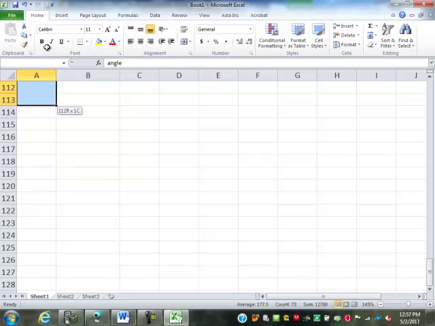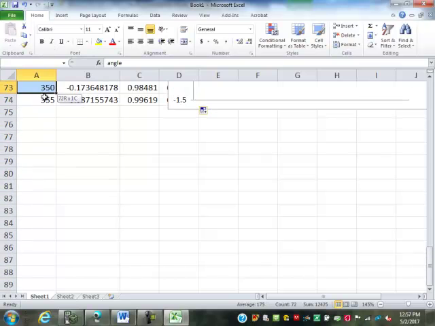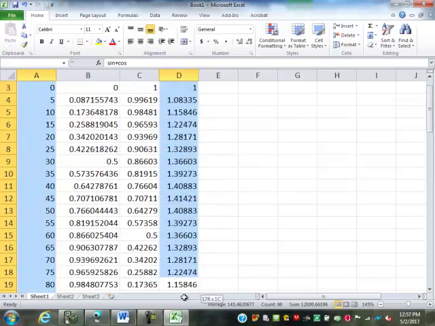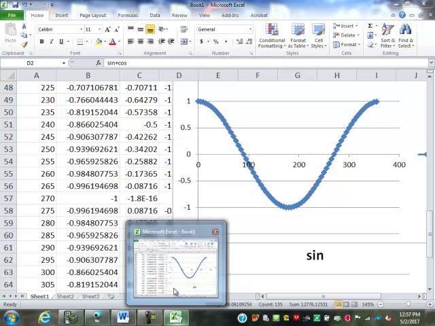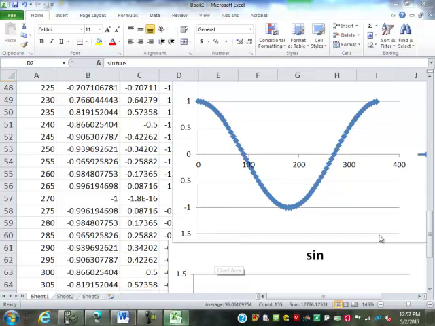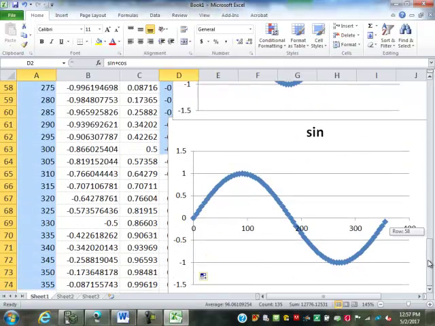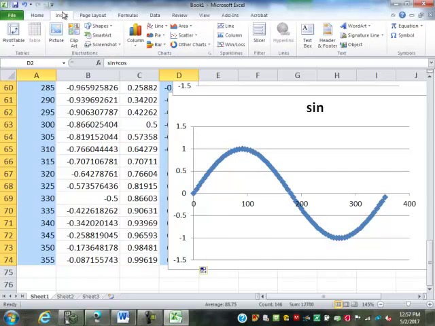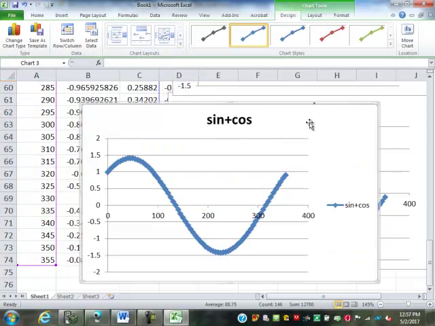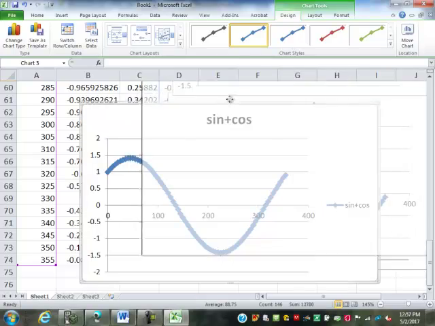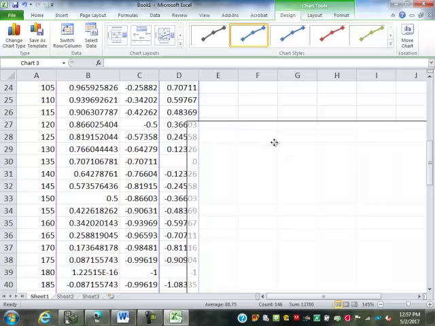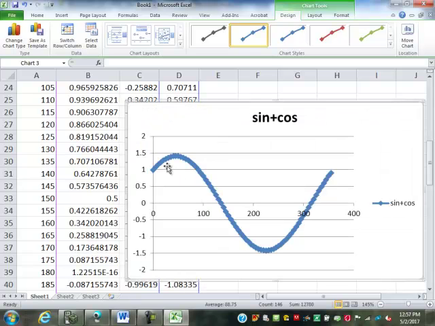Let's get back here. Oh, no, it won't. You can see it looks like just a sine wave that's been shifted.